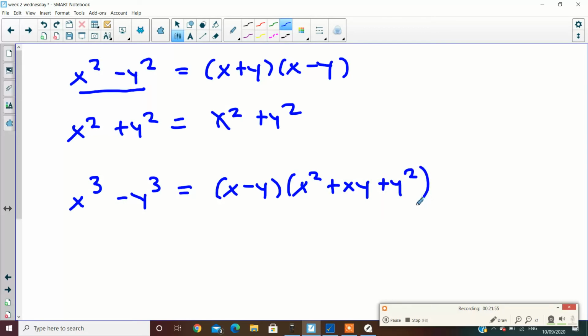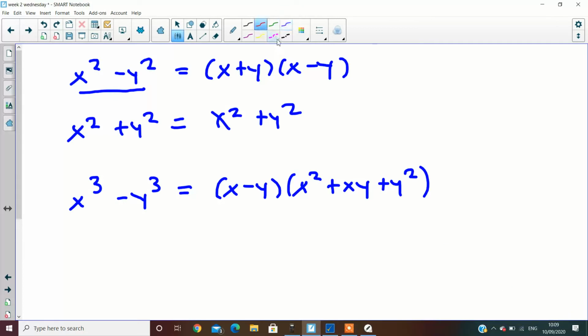If you aren't sure about this, how could you check it? Multiply it out and look what you get. x cubed, x squared y, then you get xy squared.